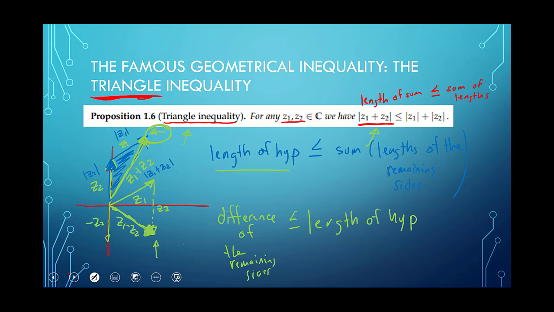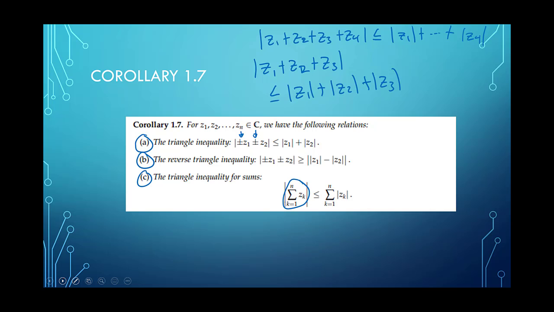Okay, so if we go back to our statement, that's exactly what this is saying right here. So the length of our hypotenuse is greater than or equal to the difference of our lengths of the remaining sides.